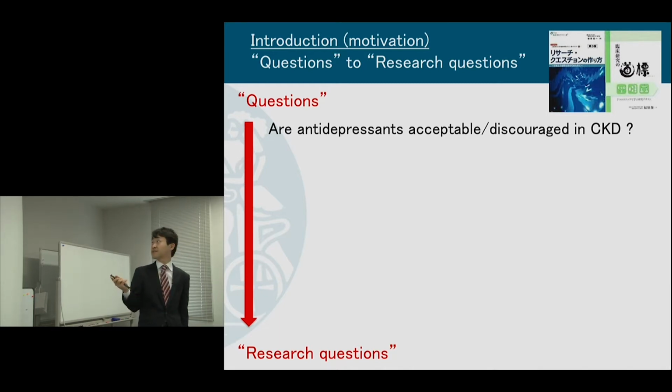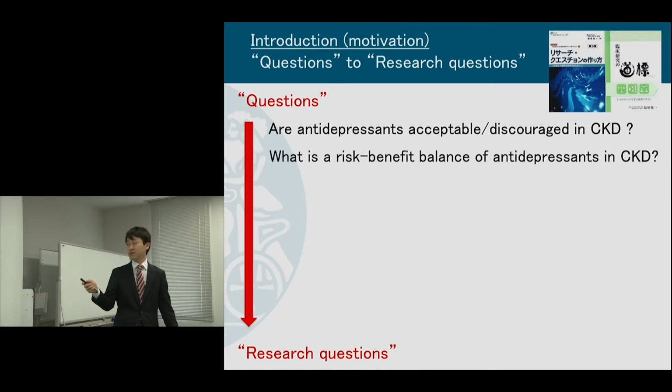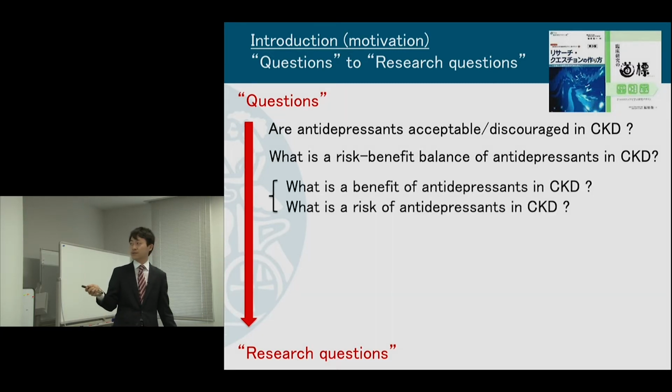According to these great books written by Fukuhara sensei in Kyoto, I rephrased this question into a research question: what is the risk-benefit balance of antidepressants? Then I split this into two: what is the benefit and what is the risk?